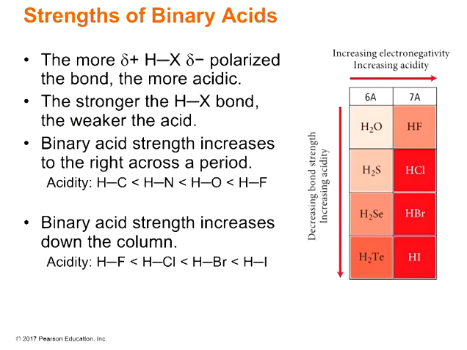Okay, so the next thing I wanted to go over was how to determine the strength of different binary acids. There are a couple of trends that we can use to determine relative strengths. Remember that there are two different types of acids. There are binary acids and oxyacids.